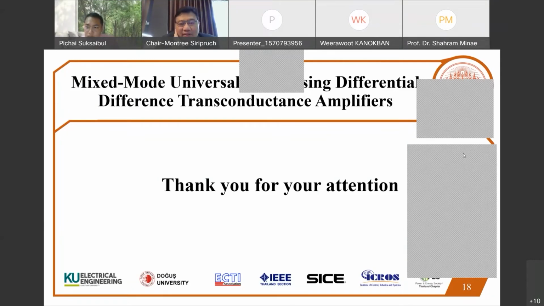Why not other devices such as current conveyor, CDTA, or CDBA? I chose DDTA because I think it is easy to realize, and easy to make an IC.